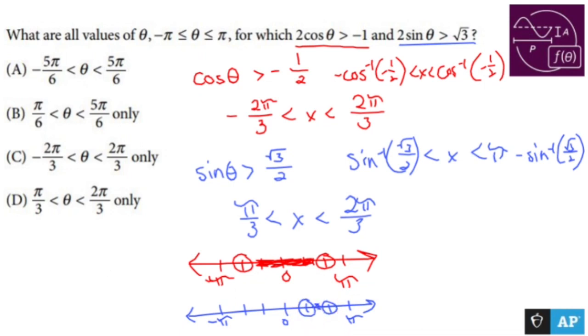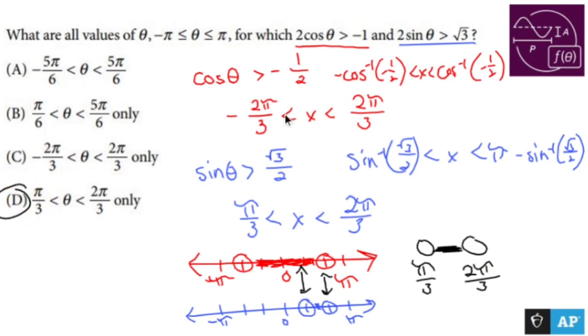Since this is an and formula, I only care about where both of my shadings meet, and that happens to be in between here and here. So all of the action happens in between pi over 3 to 2 pi over 3. That's the guy that I want.